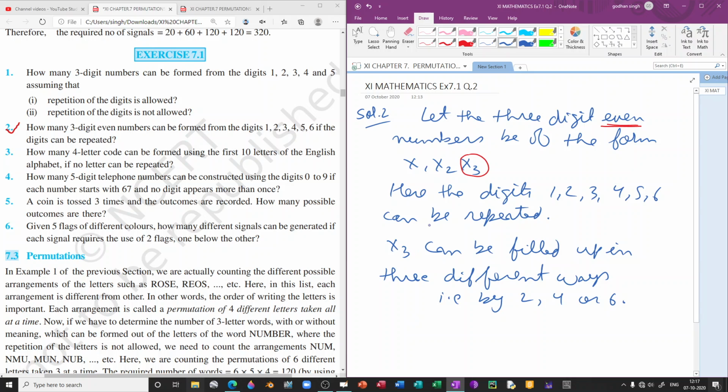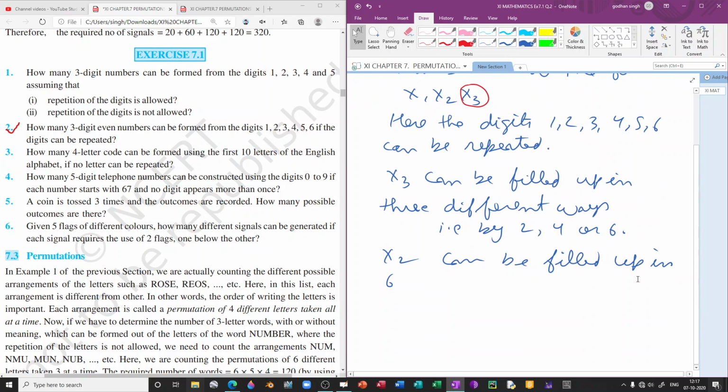Next we'll fill up x2. In how many ways can x2 be filled up? There are 6 digits, so x2 can be filled up by any of the 6 digits, in 6 different ways.